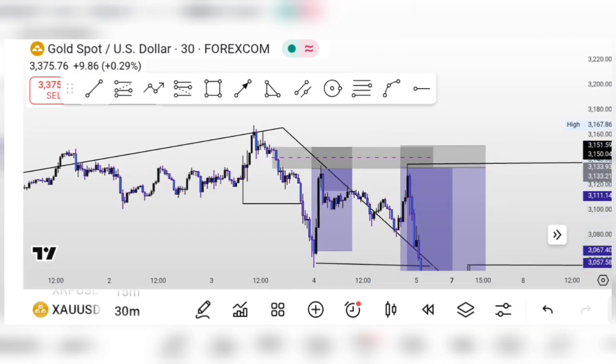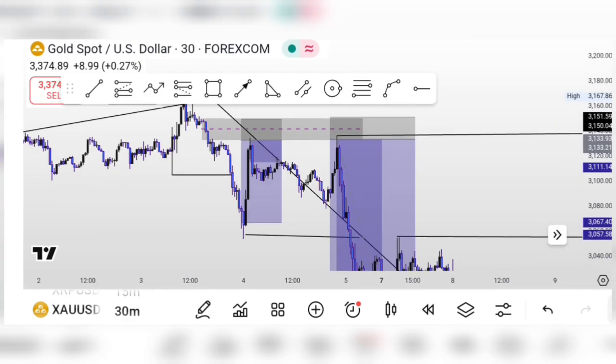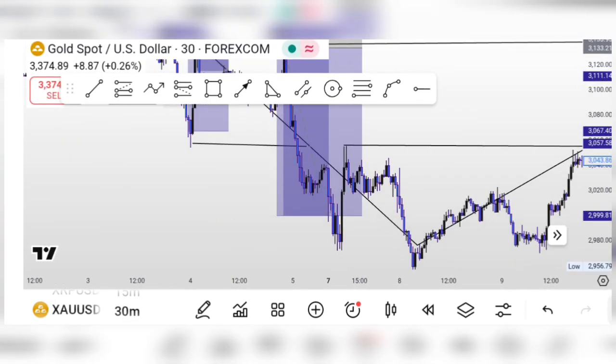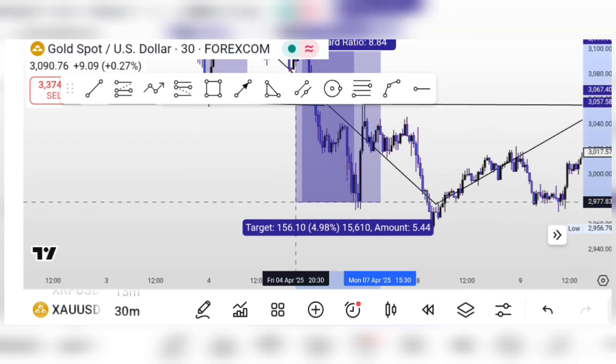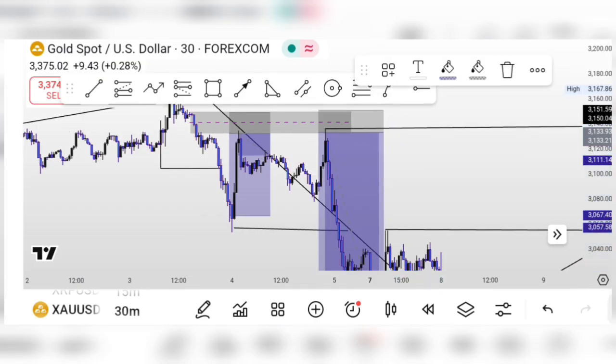Remember, we are using market structure to be catching these entries. Market structure, break of structure, retrace, retest. That is what we are using here to catch these entries.